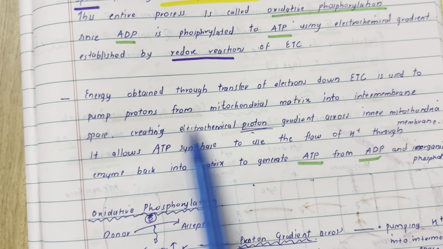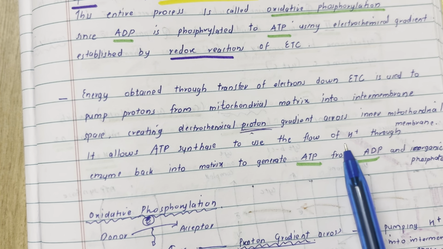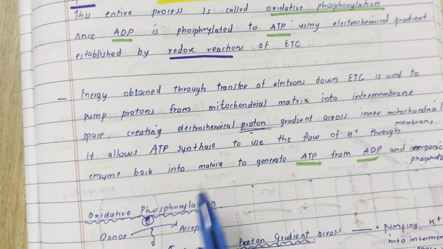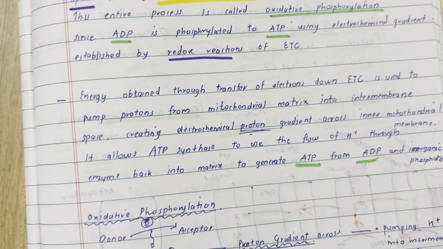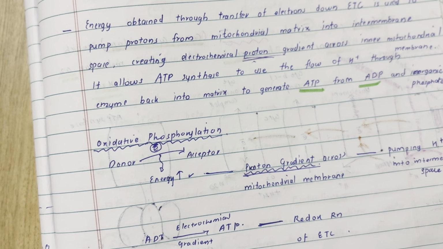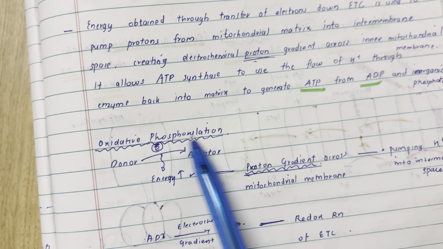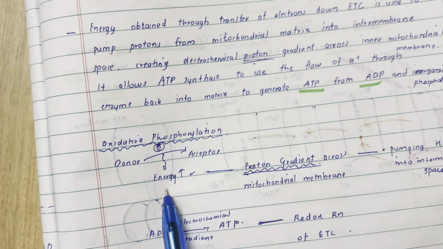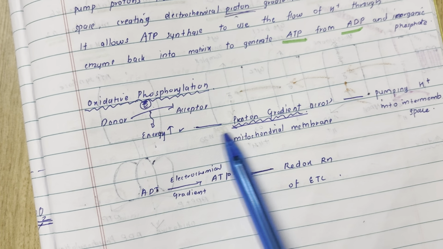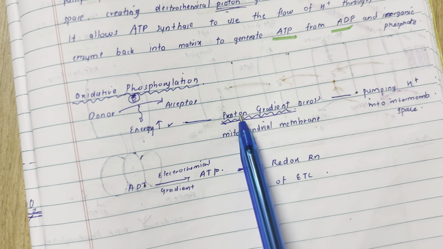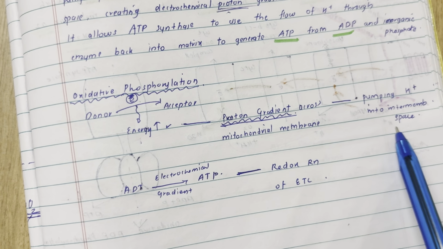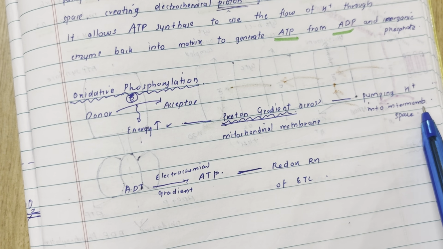This allows ATP synthase to use the flow of protons through the enzyme back into the matrix to generate ATP from ADP and inorganic phosphate. Okay, so this is oxidative phosphorylation. Donor to acceptor electron transfer releases energy. This energy creates a potential gradient across the mitochondrial membrane, due to the pumping of protons into the intermembrane space.